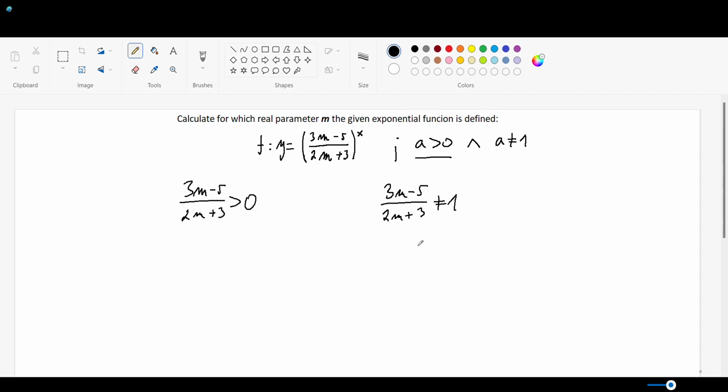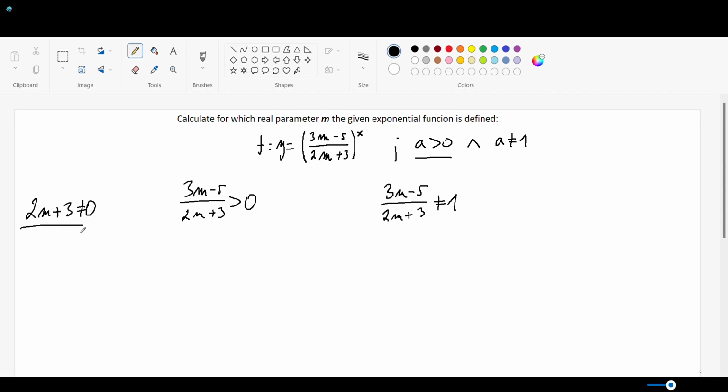But before we start, as we can see, our a, or our base, is a fraction, and the most important thing is to calculate when the fraction is defined. So basically the first thing we have to solve is to find when the denominator is not equal to 0.